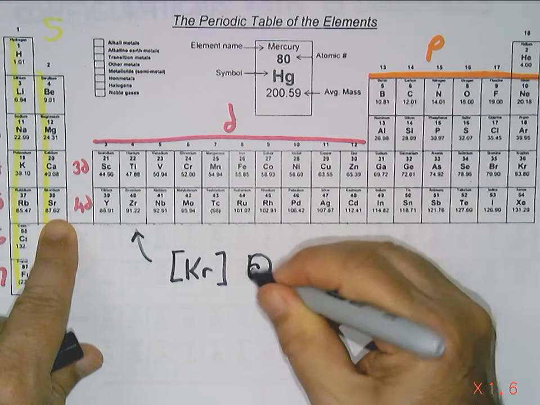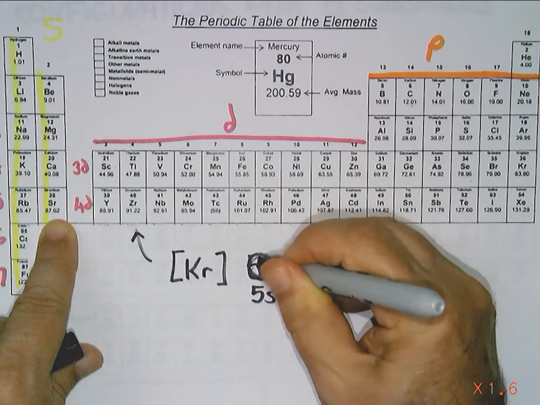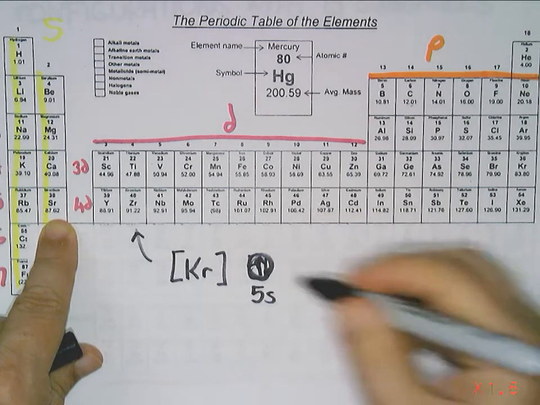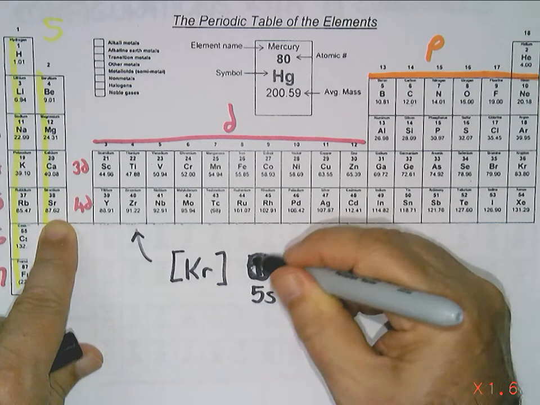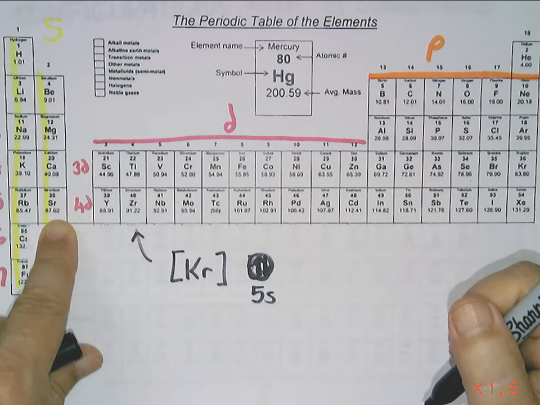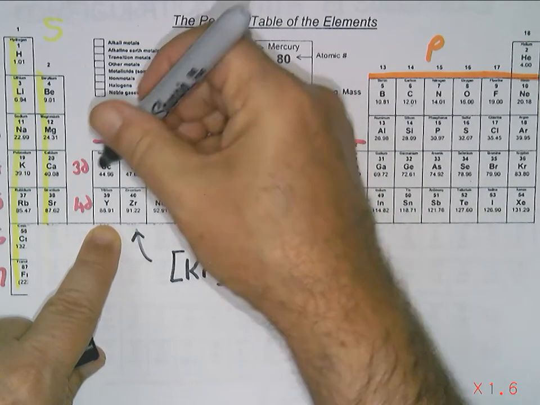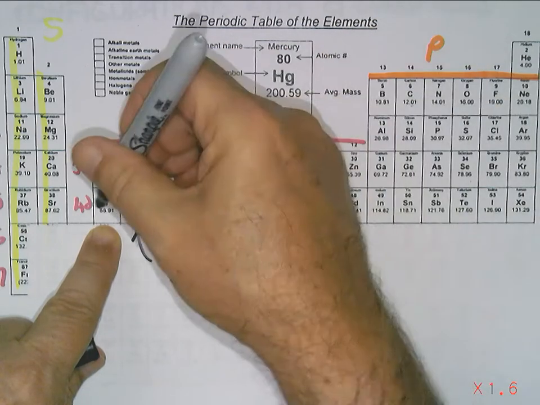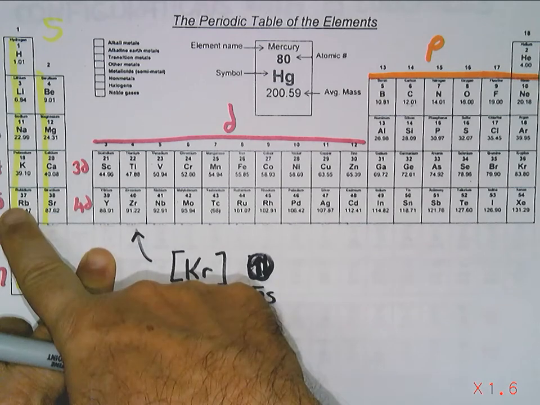Whoops. Get ahead of myself there. Okay, there's a pair in there. 5s2. And what's starting to fill here? Well, the 3Ds started to fill here, so the 4Ds are filling here. So remember, the Ds have one less than the row number.